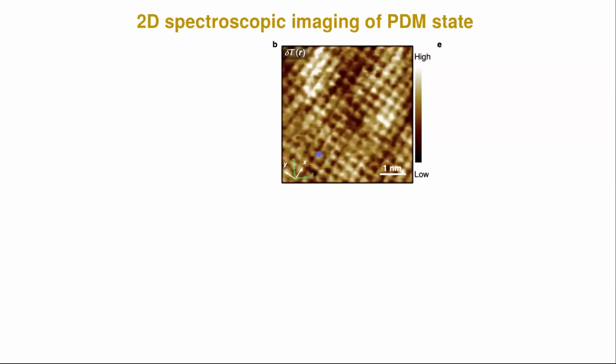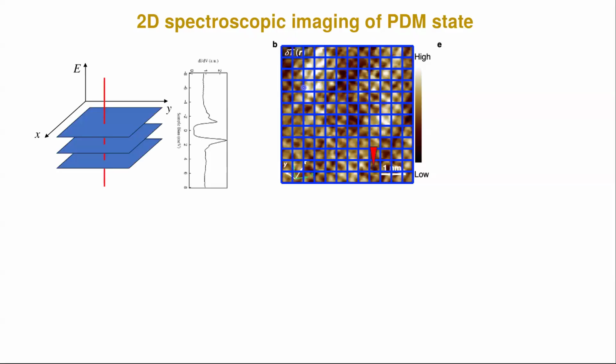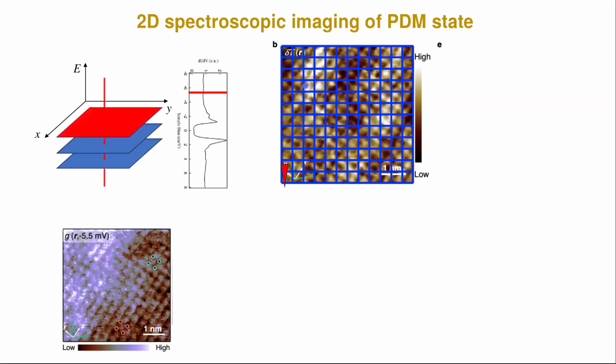Another thing we can do is try to provide a little more insight into the origin of this modulation. To do that, we concurrently took topography and performed mapping across this topography, collecting the spectroscopic data, which is typically done in STM experiments. Based on that, you can collect data reflecting the local density of states at certain energy outside the gap or inside of the gap.